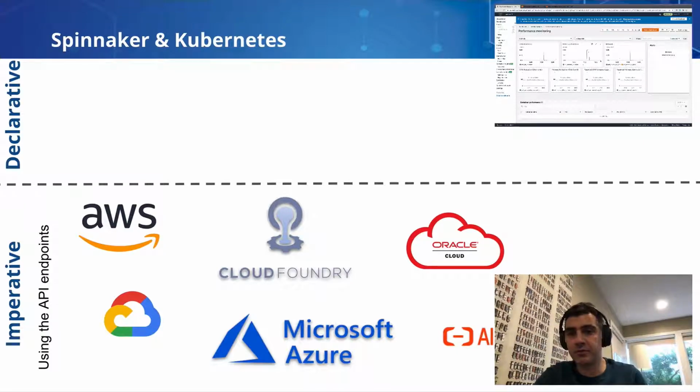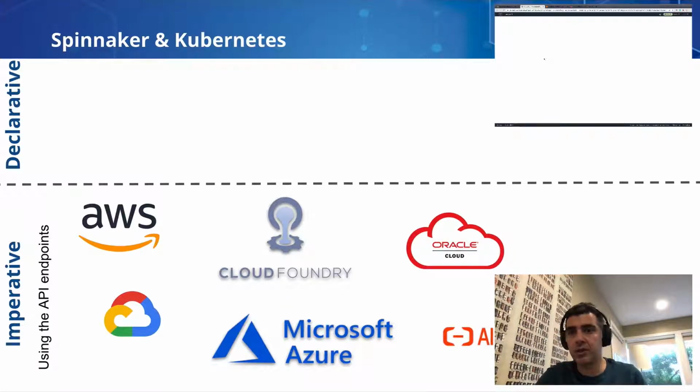One of the superpowers of Spinnaker was that it actually could interface with different cloud providers. So you could use it to deploy to AWS, you could use it to deploy to Cloud Foundry, you could use it to deploy to GCP. And all of that was the result of Spinnaker being able to tap onto the APIs for these different cloud providers and then set up the infrastructure.